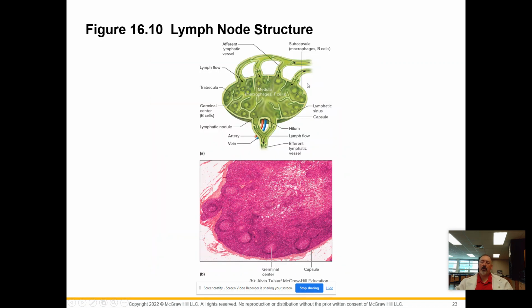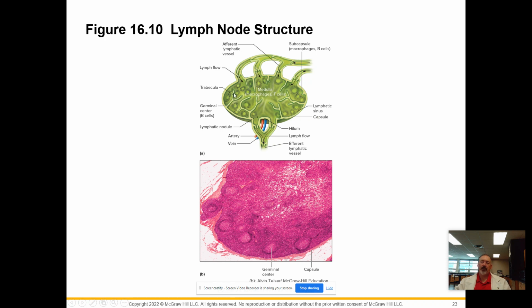So looking at a cross-section of a lymph node, you notice that there's some new anatomy to identify. One is afferent is going to, efferent is going away from. So this would be an afferent lymphatic vessel. Notice the valves. So it's going to be moving towards the lymph node.